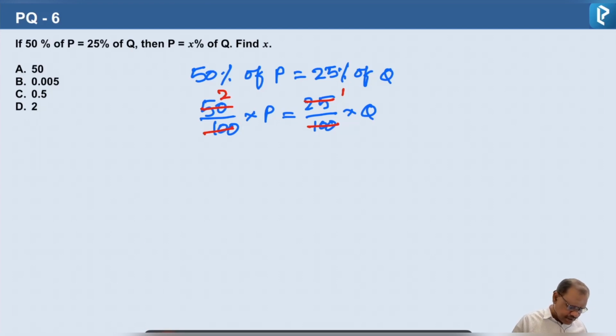What is remaining? 2P is equal to 1Q. P is equal to 1 by 2 Q.